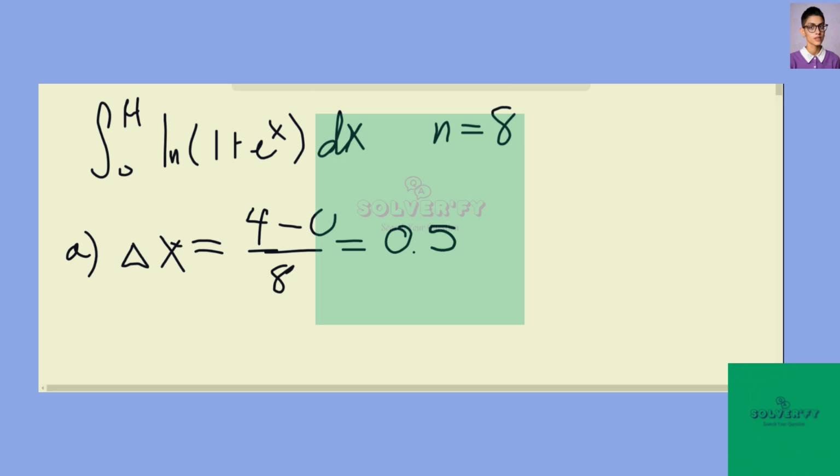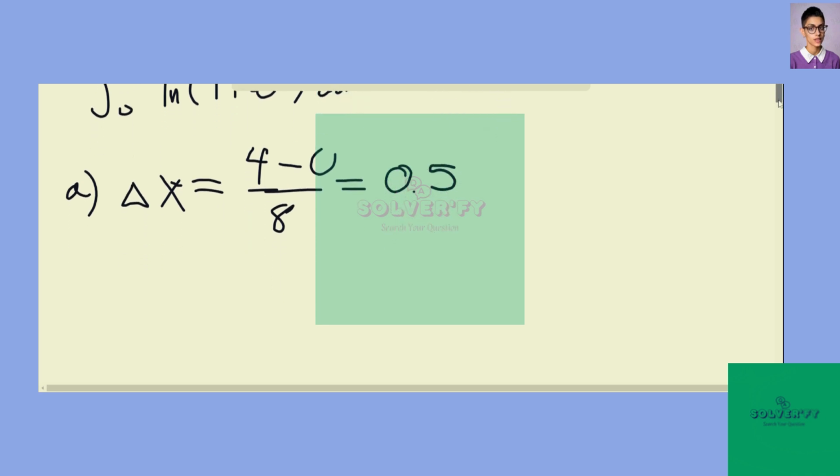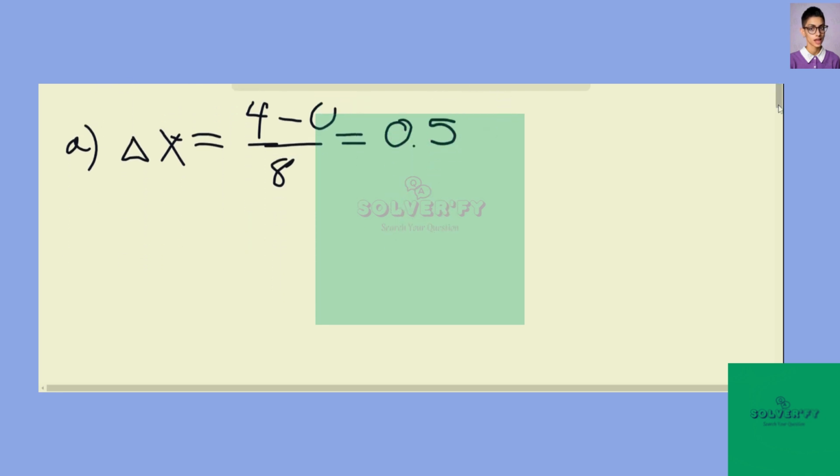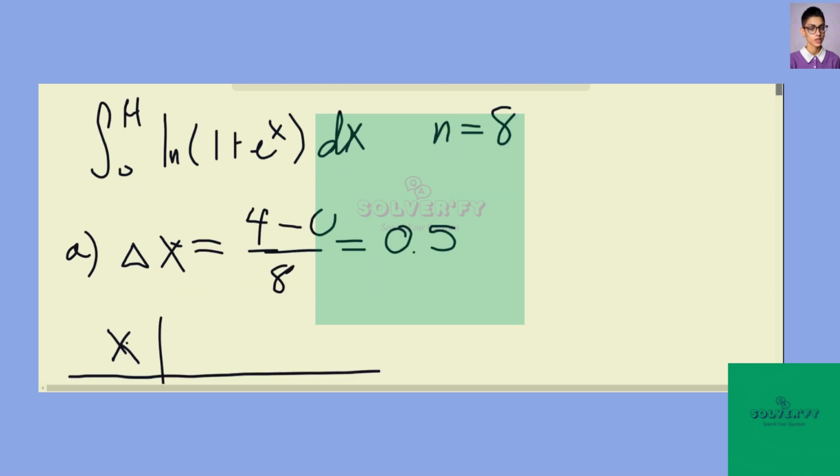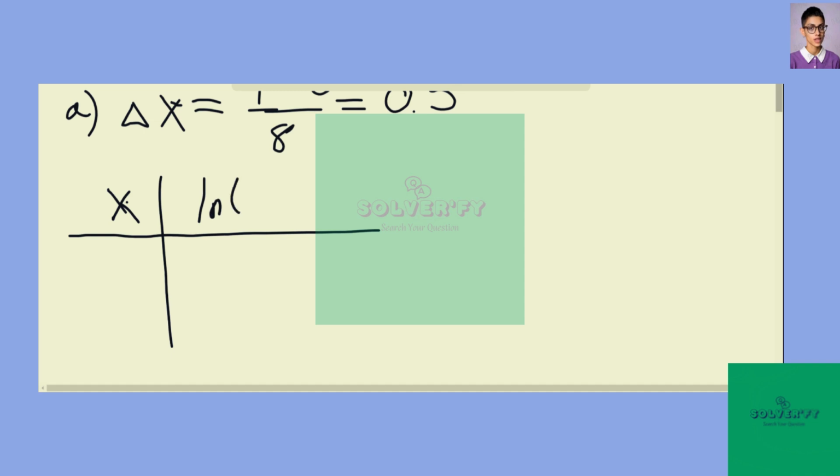The next step is to find the required function values. In the trapezoidal rule, we want to find the values of the function at the endpoints of these subintervals. So I'll make a table. On the left side, we have the endpoints x, and on the right side, we have the value of our function, which is natural log of 1 plus e to the x.